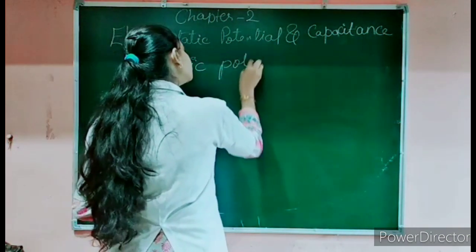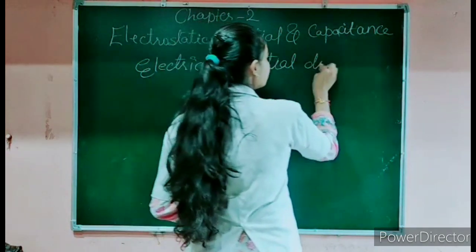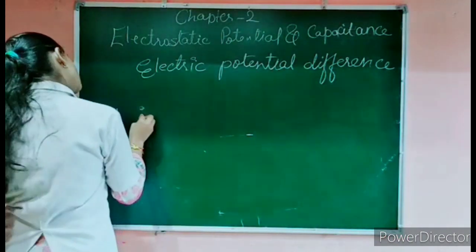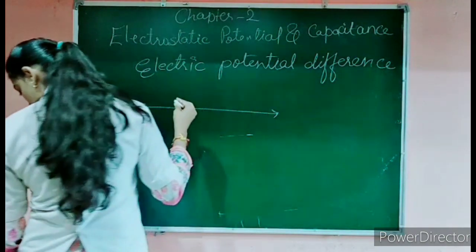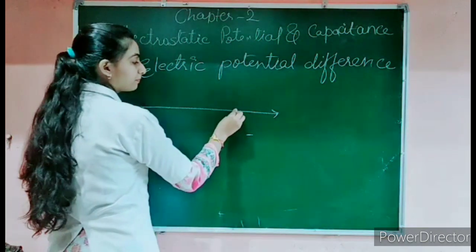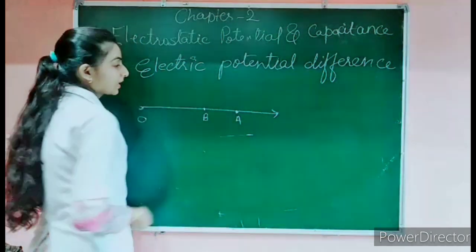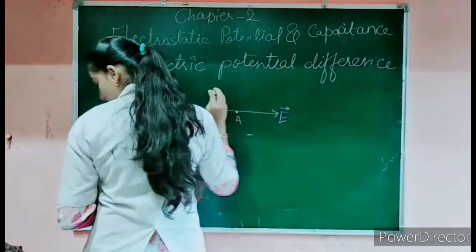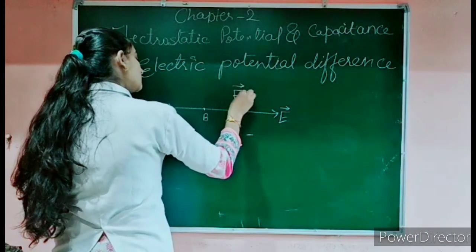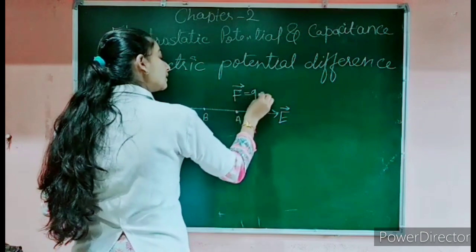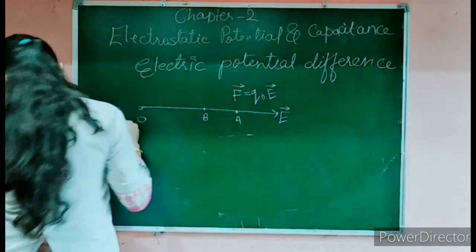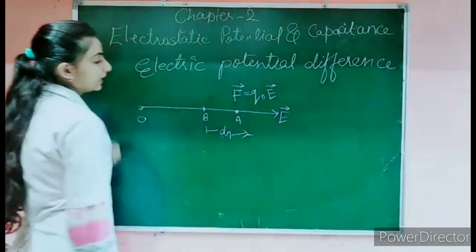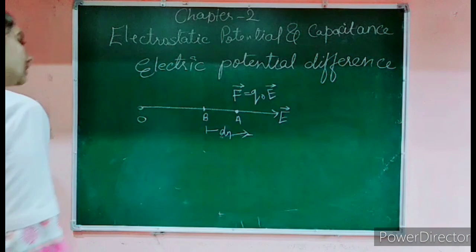Now, if we consider a point O, and from here a point A and a point B. To bring a charge from A to B, some force will be applied, equal to Q into E, and the displacement will be dr. So, what is potential difference?